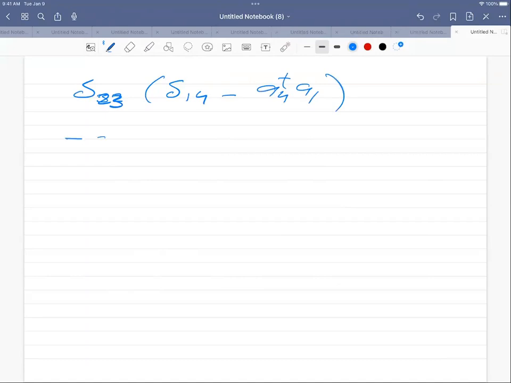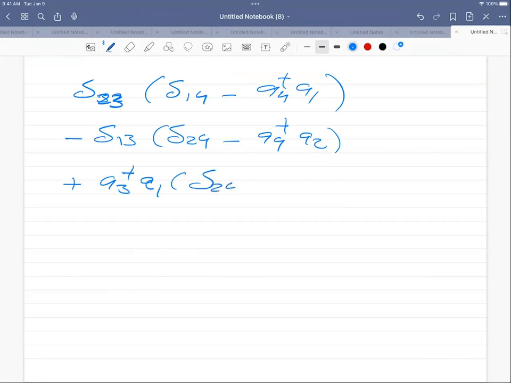I get a minus delta 1, 3 and delta 2, 4 minus an A4 dagger, A2. The last one is also going to give us something which is 0. Plus I have an A3, A1, and I have a delta 2, 4 minus an A4 dagger A2.